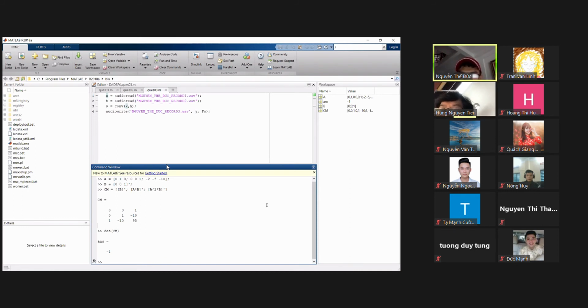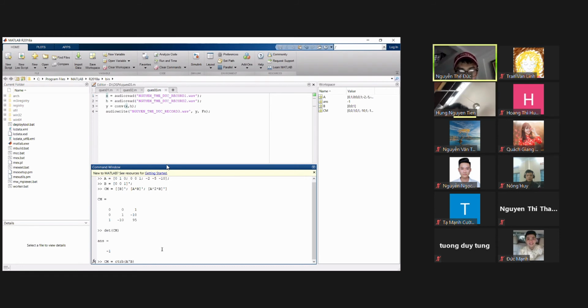Okay. But I think a better way, if you still remember, is that you can calculate CM by using the controllability matrix of A and B. You can use the MATLAB command ctrb. Open bracket A, B. This is matrix A, and B. This one, no, it's not prime.